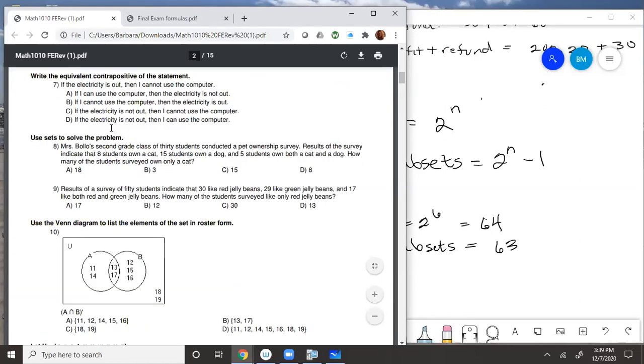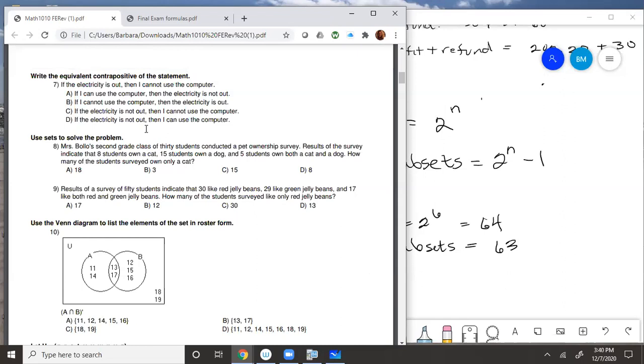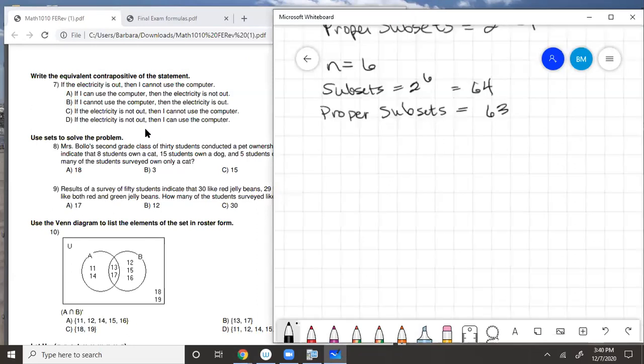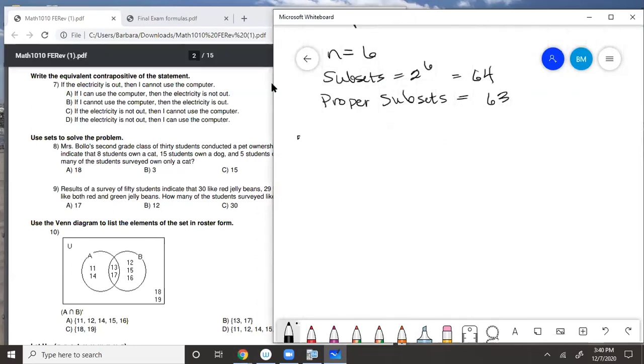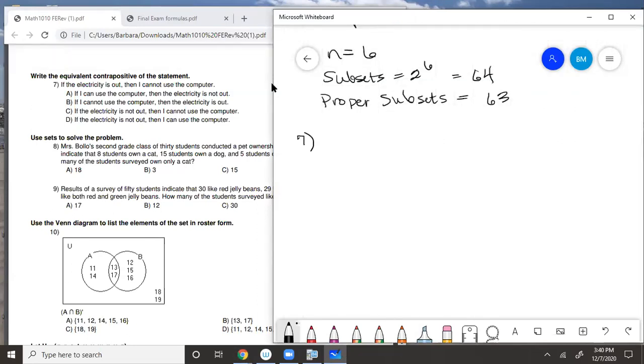Problem 7. If the electricity is out, then I cannot use the computer. And we want to write the equivalent contrapositive of the statement. So let's write down what that means, contrapositive. So if you have P, if P then Q, that's your conditional statement, right?